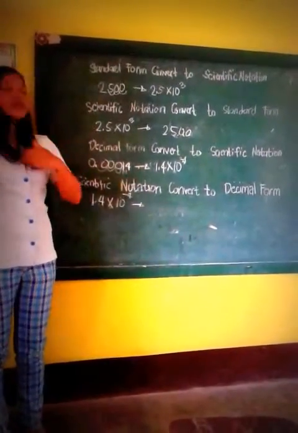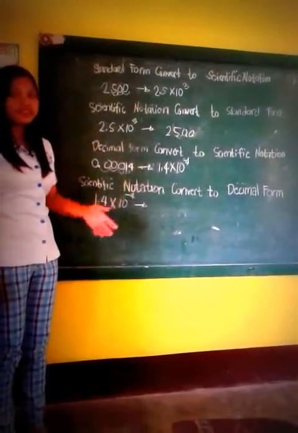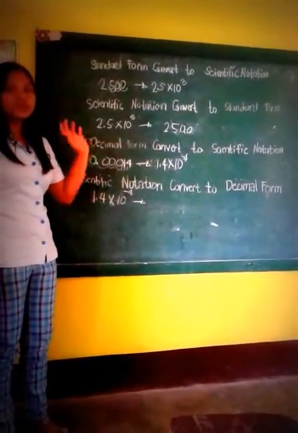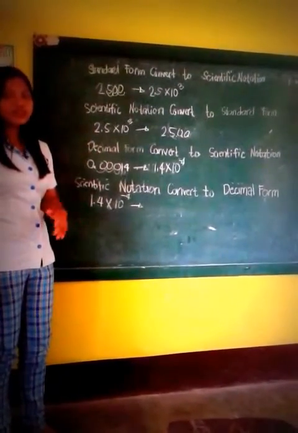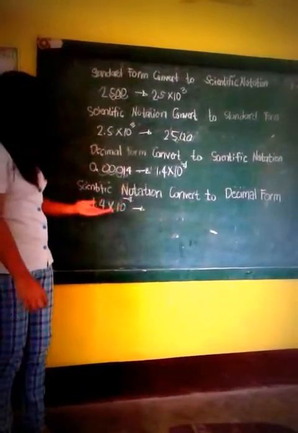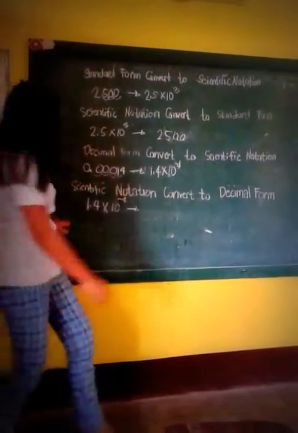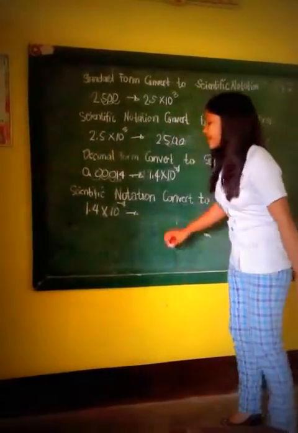In order to get the decimal form, you just move the point 4 places. Which side are we going to move? To the left side.